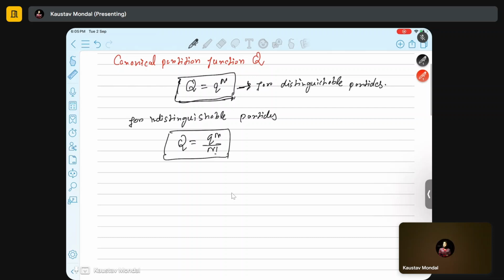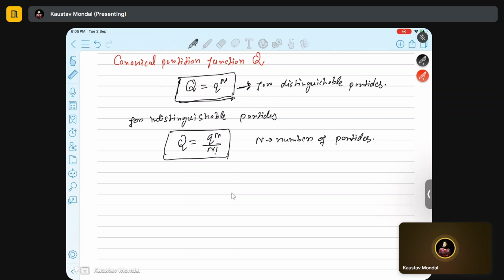N is here the number of particles. So this we have derived in our last study.